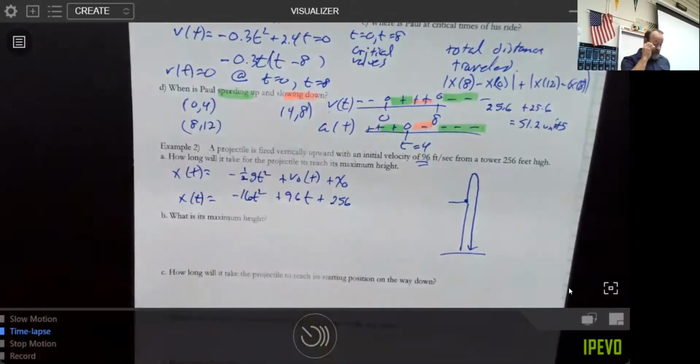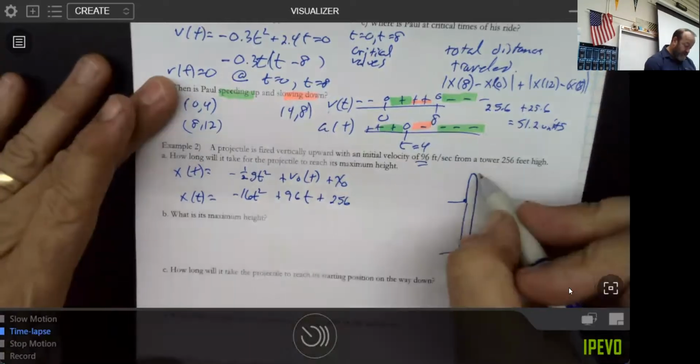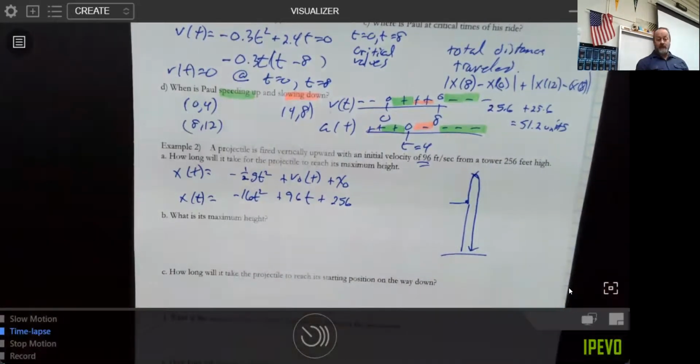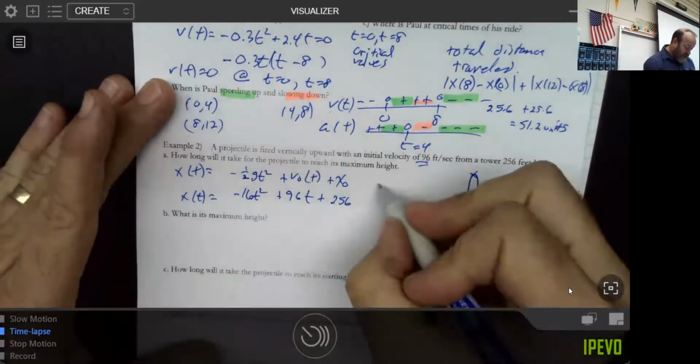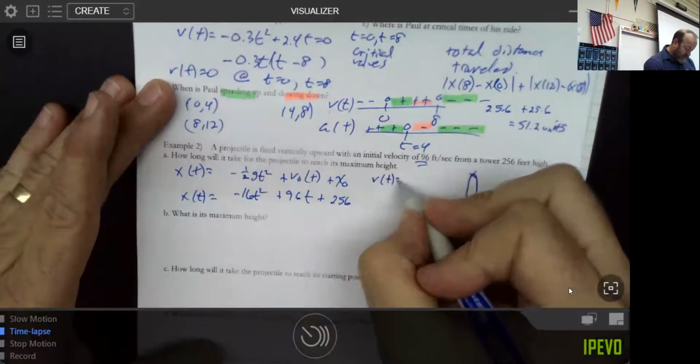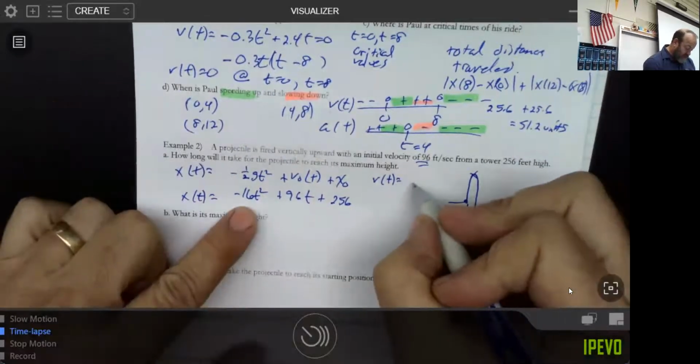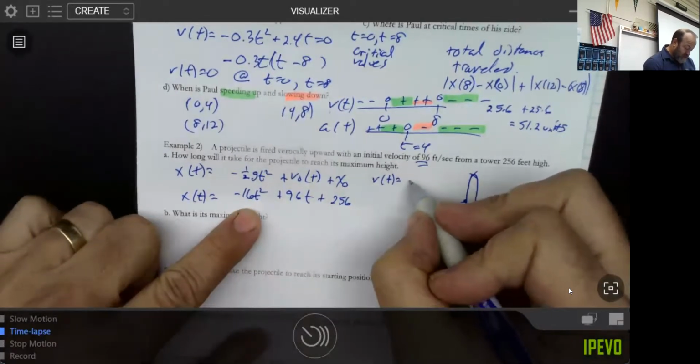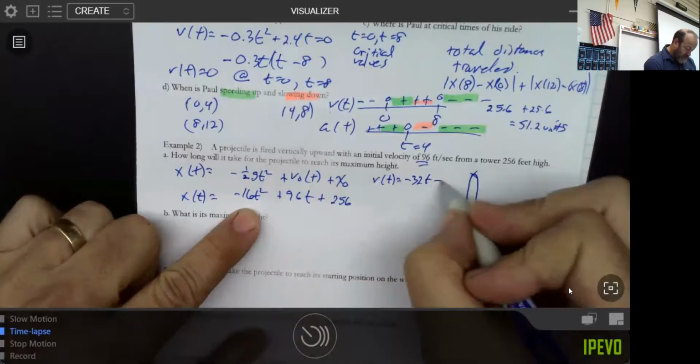Now it says, how long will it take for that projectile to reach its maximum height? And the first critical thing there is to say, well, then the velocity would actually reach 0 at the place where that height is, because it's going to go up, it's going to stop just instantaneously and come back down. So we're going to take a look at v of t. And v of t would be, of course, the derivative of my position, which is negative 32t plus 96.